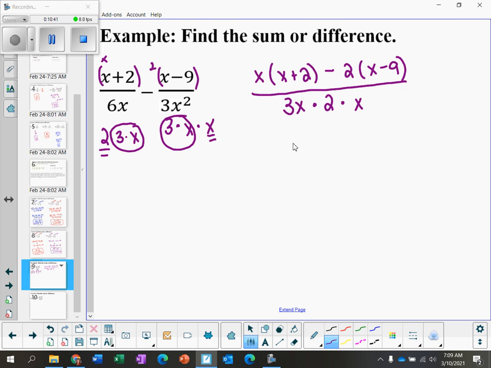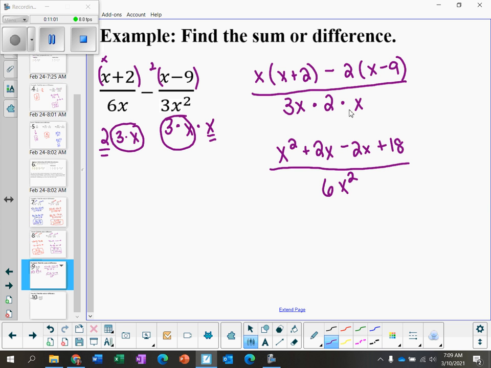So now let's start to simplify. We'll distribute: x squared plus 2x minus 2x plus 18. 3 times 2 is 6. X times x is x squared. All right, so this is a time I will actually multiply out.